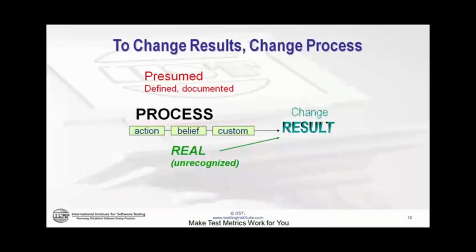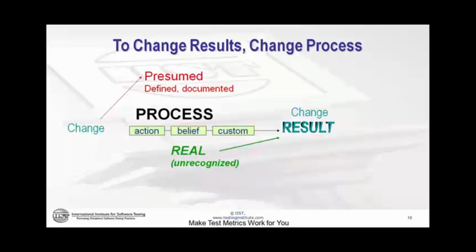And if you want to change your results, you need to change your process. But recognize that most people are not going to change the real process. They may not even be aware of the real process. People are going to change the presumed process, what they think is producing their results. Okay.